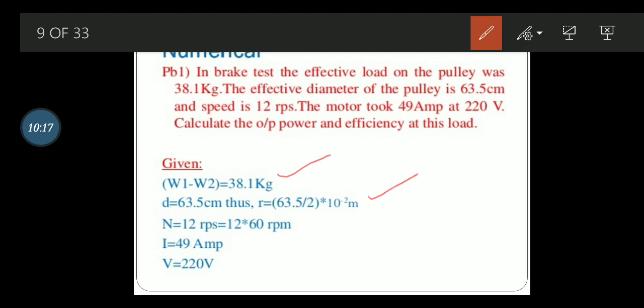The radius of the pulley is calculated by dividing the diameter by 2. The speed of the motor is given as 12 rps, which can be converted into rpm by multiplying by 60. Then the drawn current is 49 ampere and the supply voltage is 220 volt.